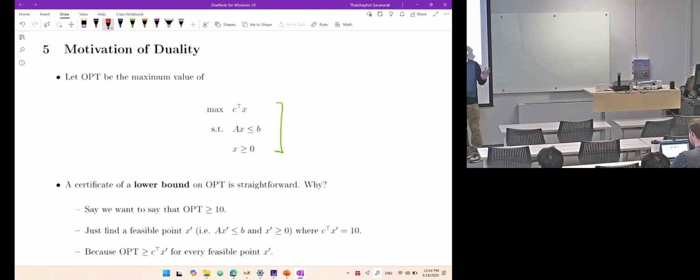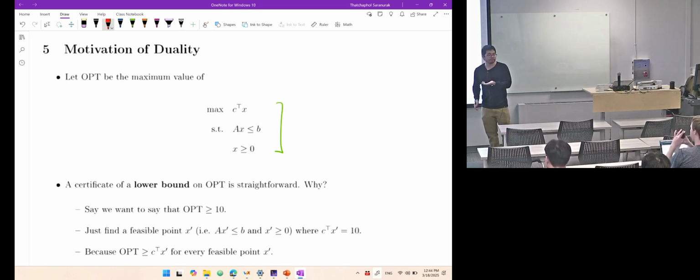Then I know easily that opt is at least 10. So the point is that there is an easy certificate for the lower bound of opt.